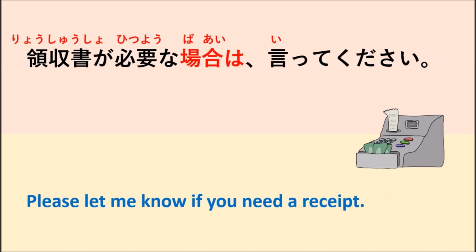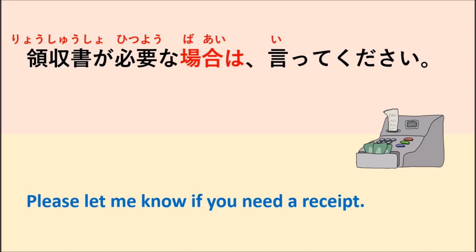And another sentence. In this sentence, we will use the na adjective. Here we say, 領収書が必要な場合は言ってください。Which means, please let me know if you need a receipt.